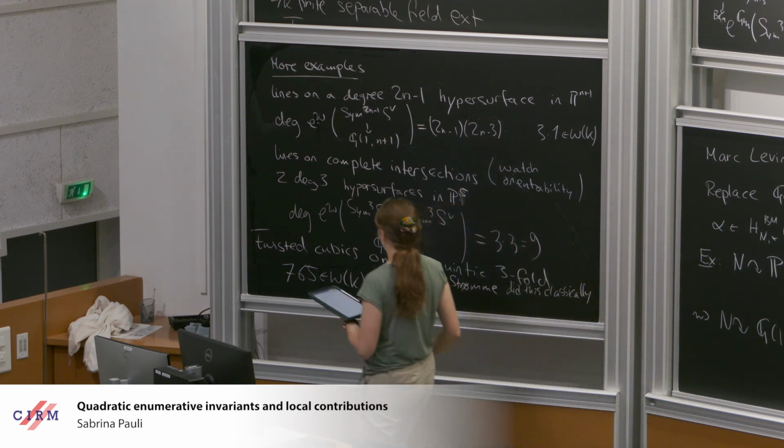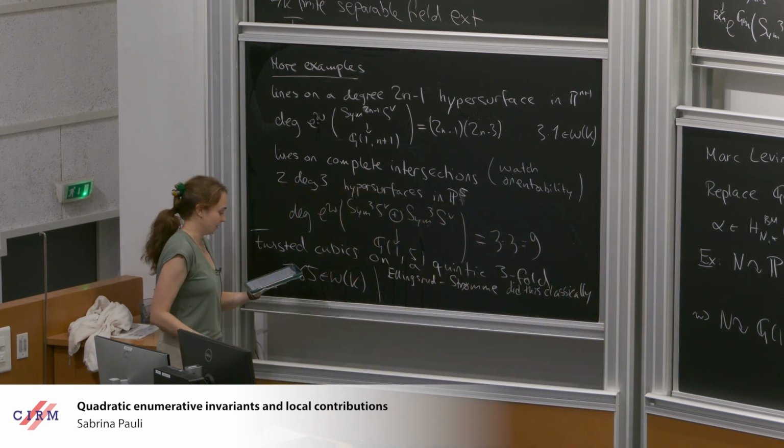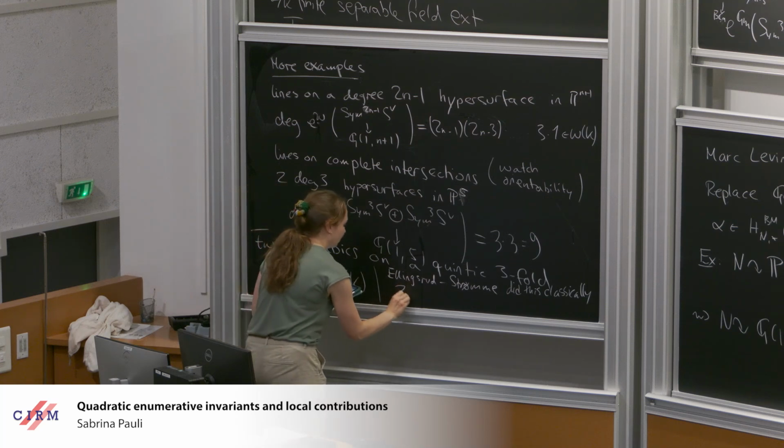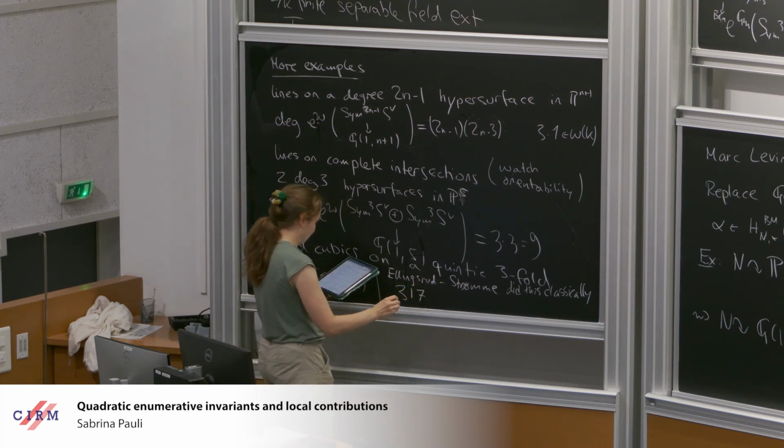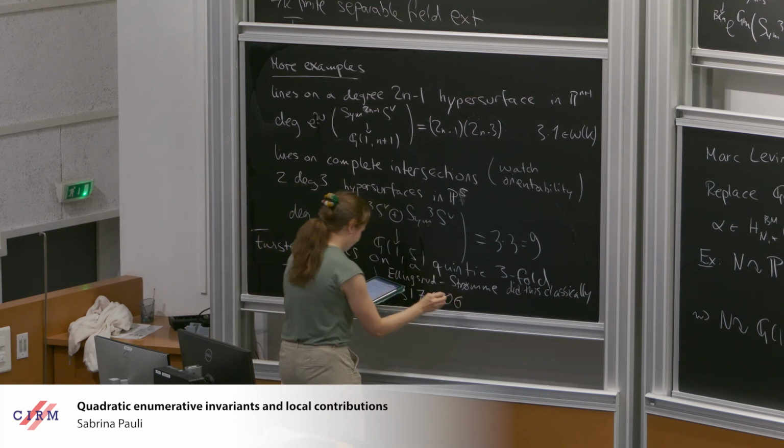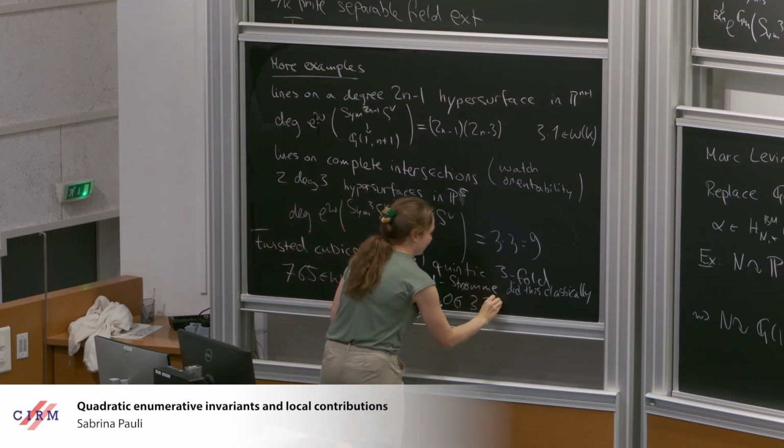So you get the rank, and then you can build your element in the Grothendieck-Witt ring, and they got 317,206,375.